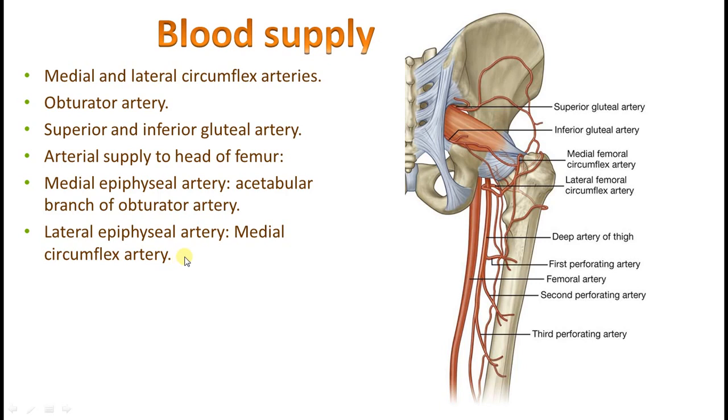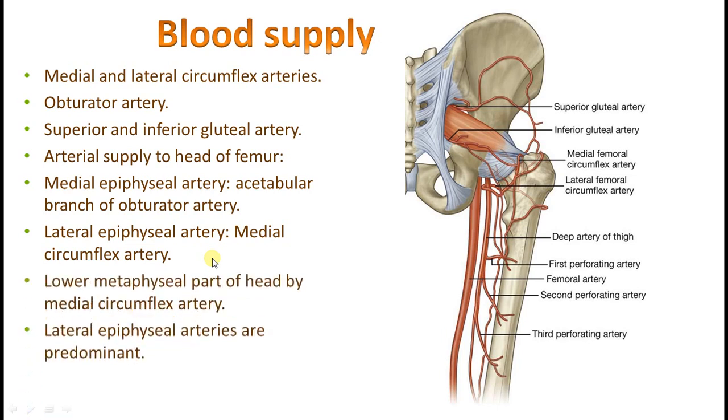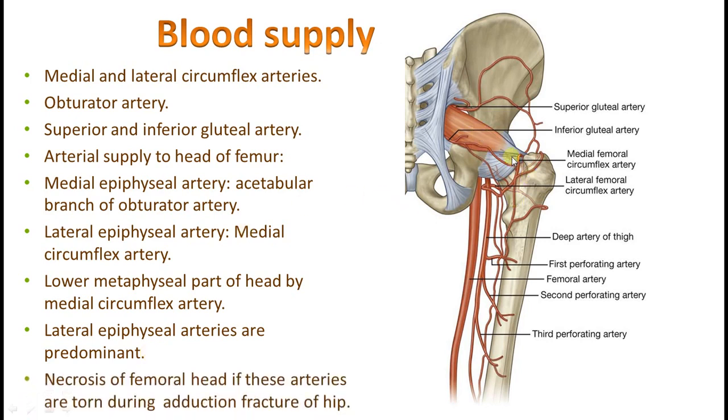Then the lateral epiphyseal arteries are branches from the medial circumflex arteries. So medial epiphyseal and lateral epiphyseal arteries. Then you also have the lower metaphyseal part supplied by the medial circumflex. The lateral epiphyseal arteries are more predominant, and they supply through the neck and also the head of the femur.